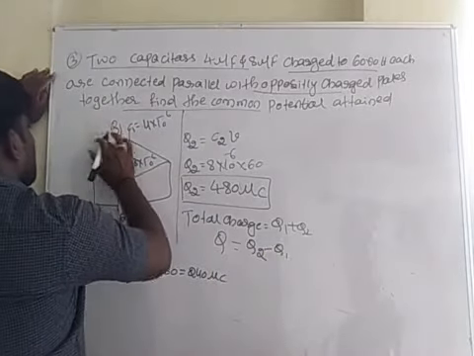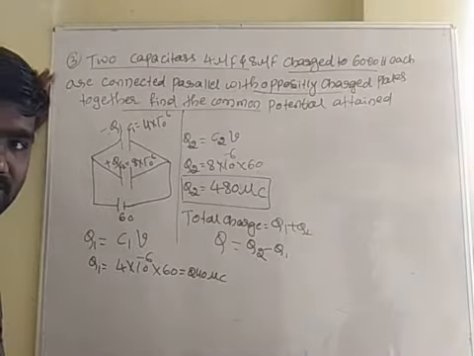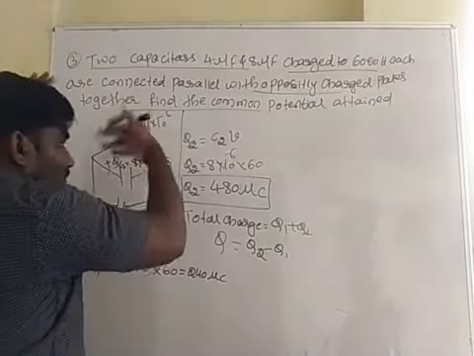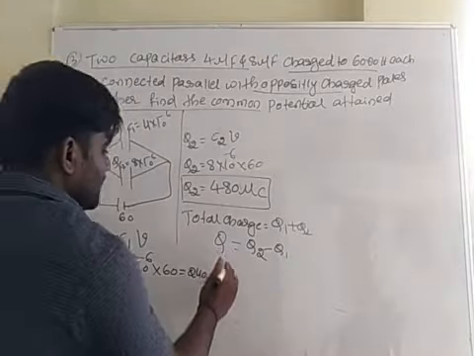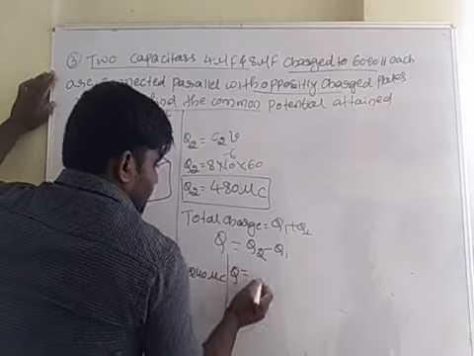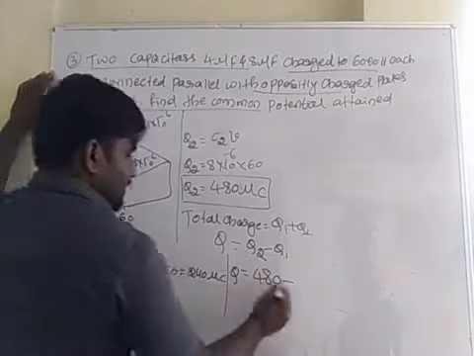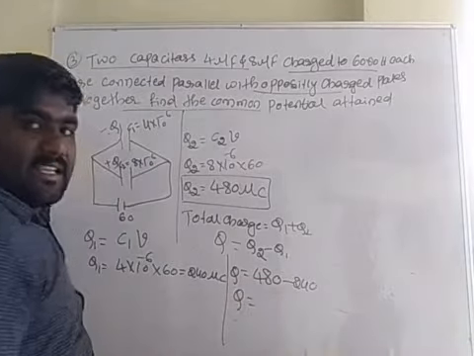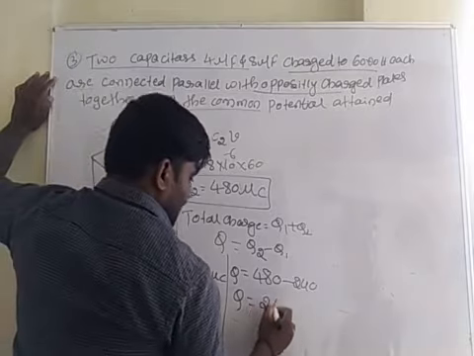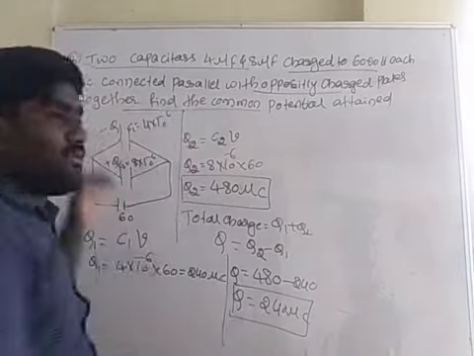Why? Because he only told both are on opposite plates. Okay. So this total Q is equal to Q2 minus Q1, it will be 480 minus 240. Then Q is equal to how much are we getting here? 240 microcoulomb. Okay, Q I had calculated.